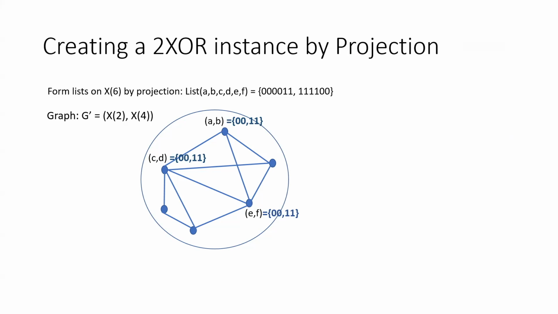Let's say this list is 0, 0, 0, 0, 1, 1, and then the flip of that. So these two functions have distance 1. And then you can further project this list onto X2. So on every edge, you will get a list of size 2 with 2-length strings.